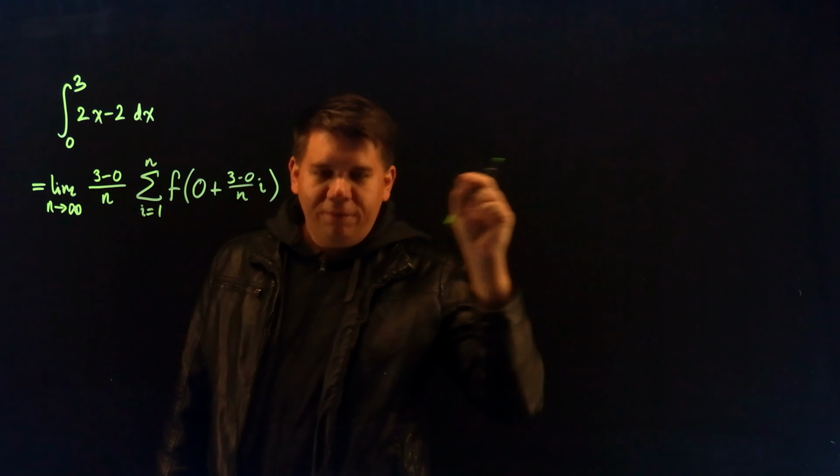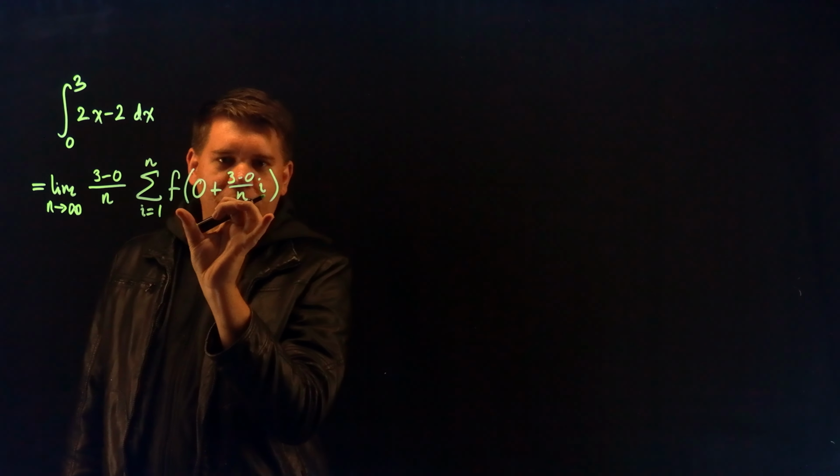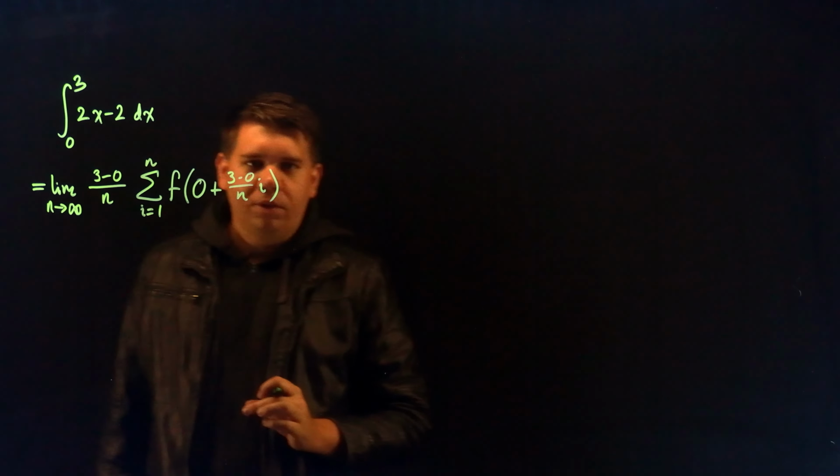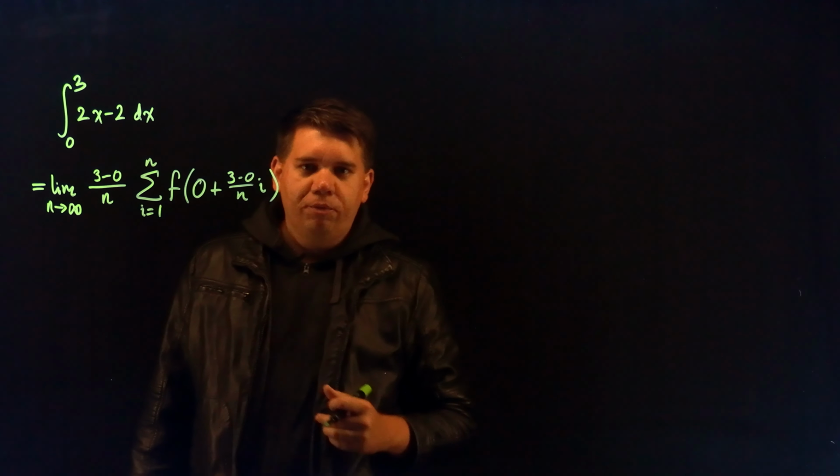That's just counting off the n rectangles, giving me the height of each of those rectangles, and it's the sum of each of those heights times your width of the rectangles. That's our formula for the Riemann sum.